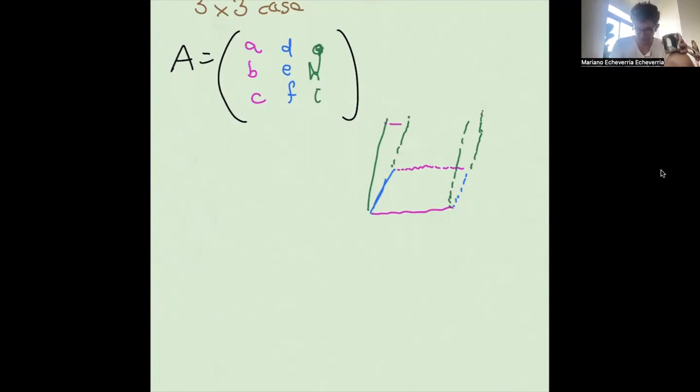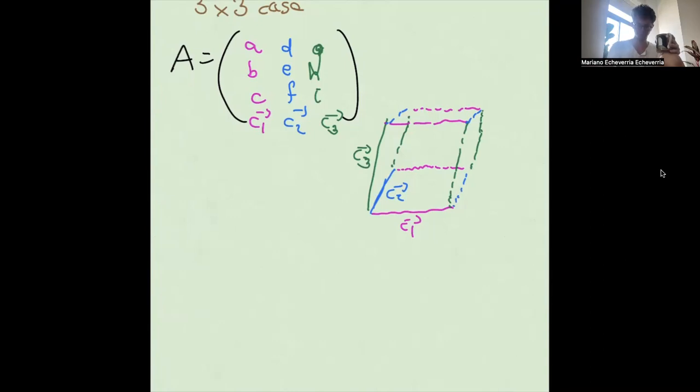But the point is that once you have 3 vectors, you can draw a box. So this is vector 1, which is column 1. Column 2 is here. And column 3 is here. So there's some box, or parallelepiped.